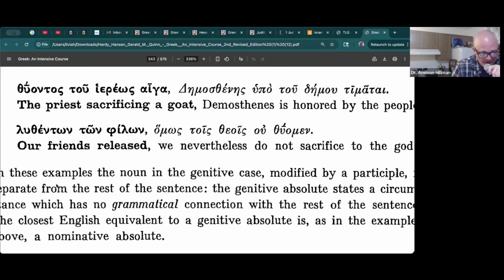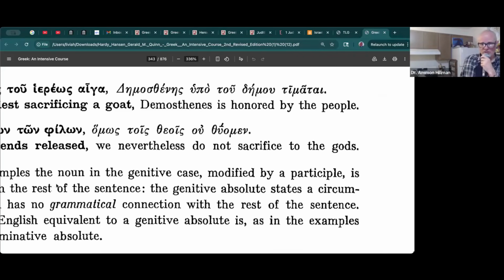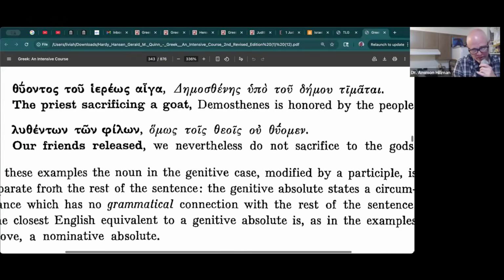With the blank having been blanked, I used to memorize this one. Our friends released, nevertheless, we don't sacrifice to the gods. It's a genitive absolute.